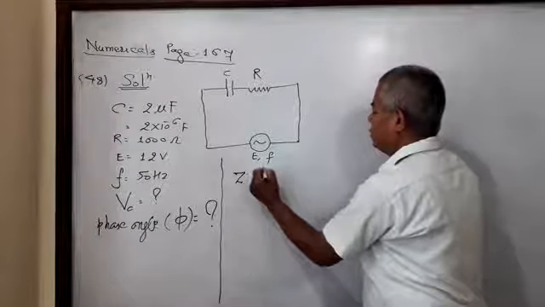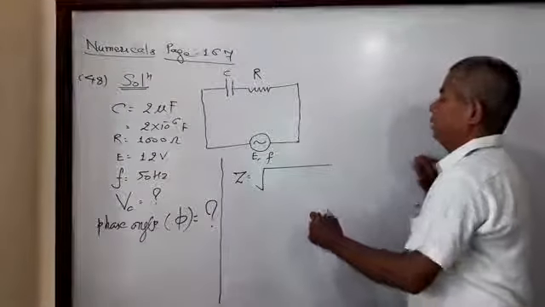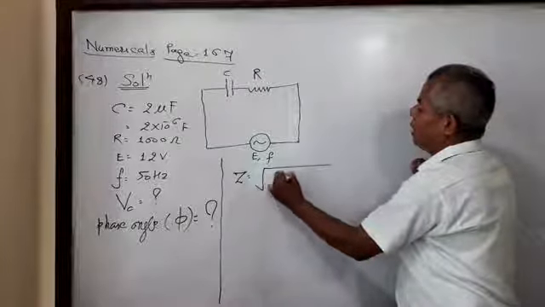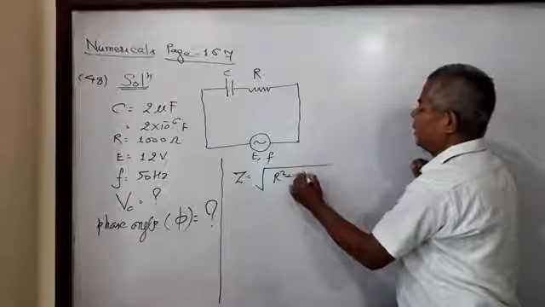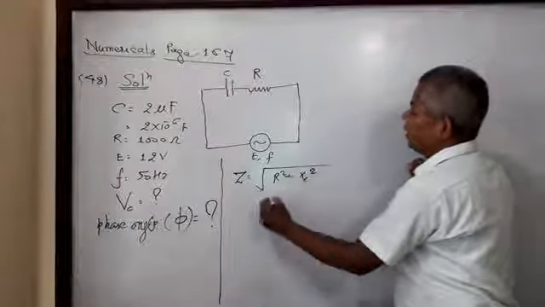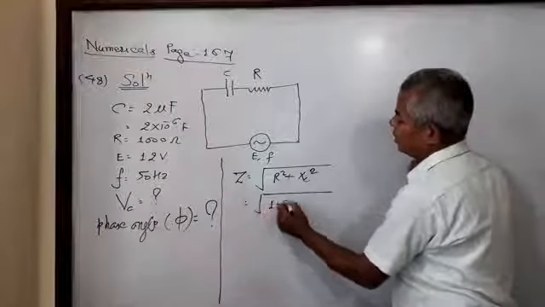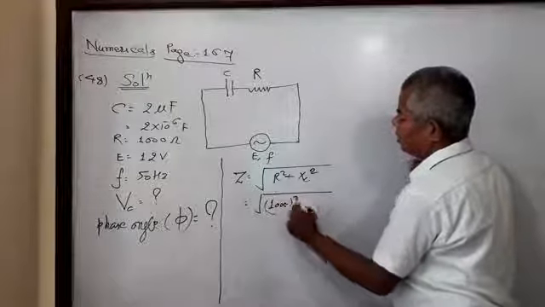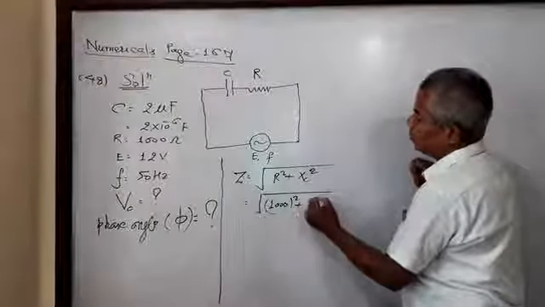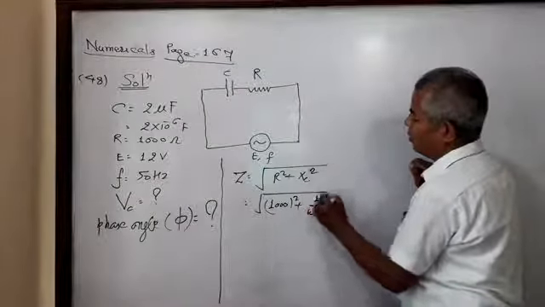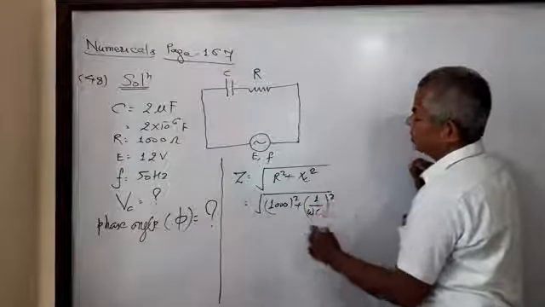is equal to under root R square plus X square. R has value 1000, then 1000 whole square, and XC, that is equal to 1 by omega C, whole square.